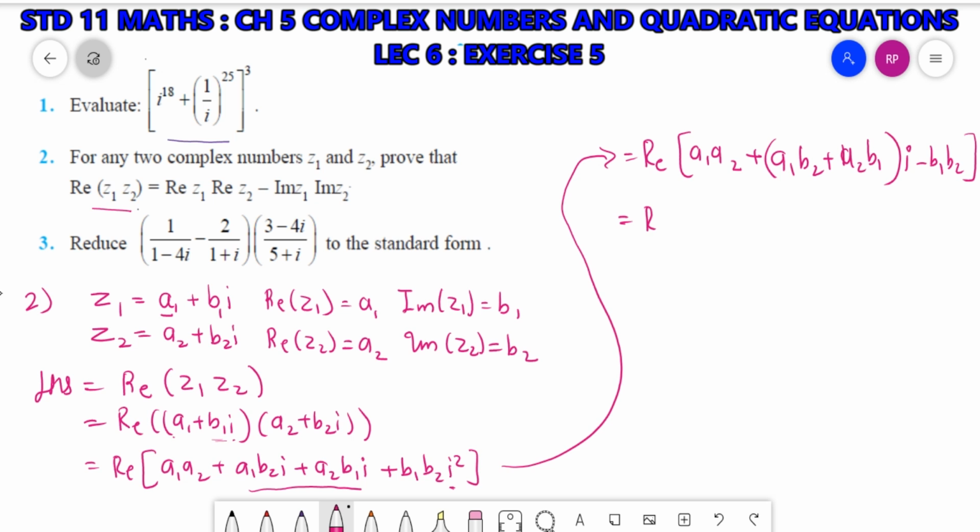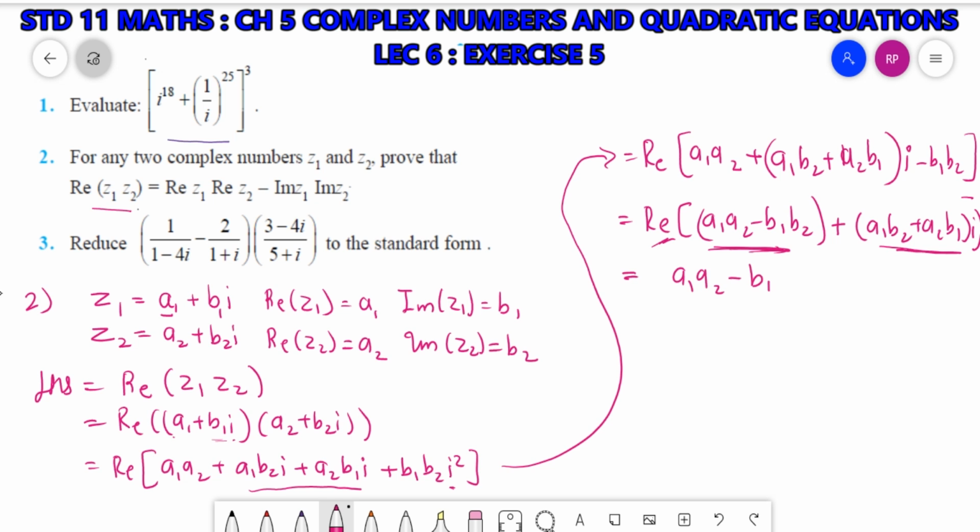I can rearrange it in the form (a1 a2 minus b1 b2) plus (a1 b2 plus a2 b1) i. Now what is the real part? This is the real part, and this is the imaginary part. Now we are asked the real part, so this will be a1 a2 minus b1 b2. So LHS is equal to a1 a2 minus b1 b2.